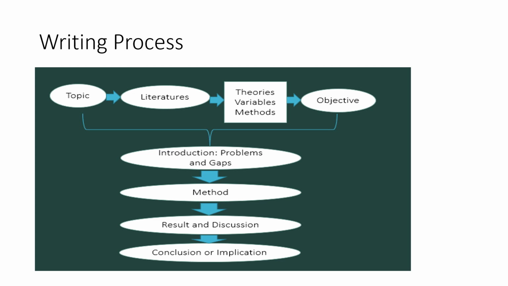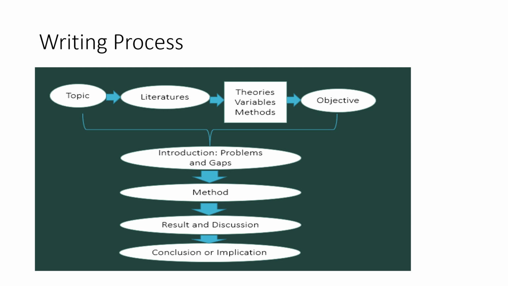Then with that reading, you can now formulate your objective of the study. Those literatures explain the problems and the research gap, or the uniqueness of your study from previous studies.